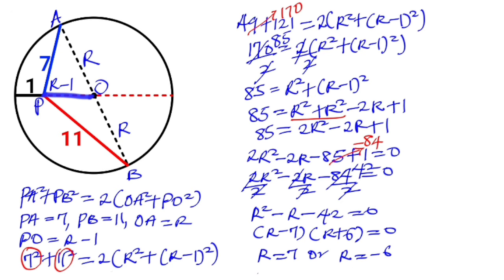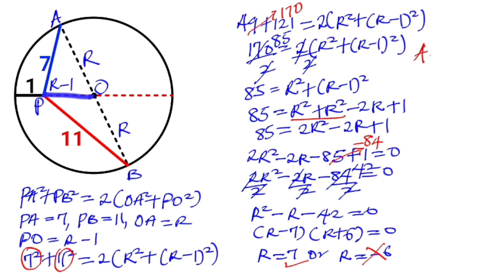Since a geometric radius must always be a positive value, we discard negative 6. This leaves us with a radius of 7 units. With the radius established as 7, the area calculation is straightforward.